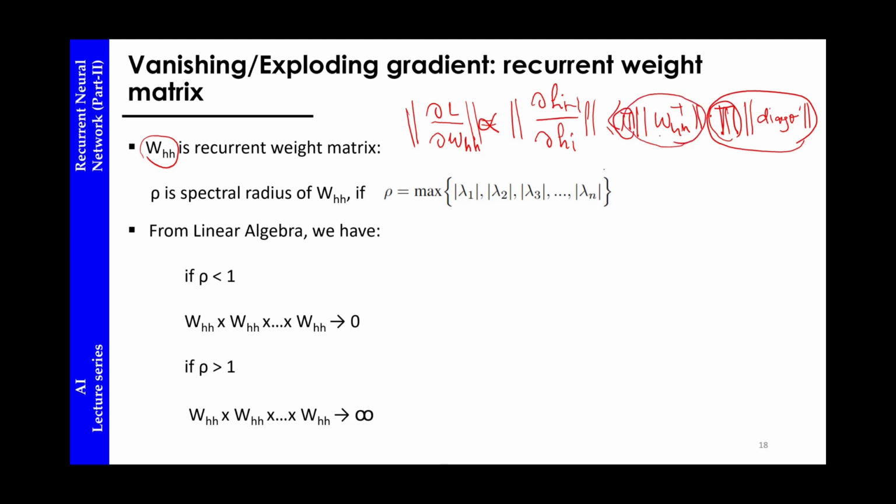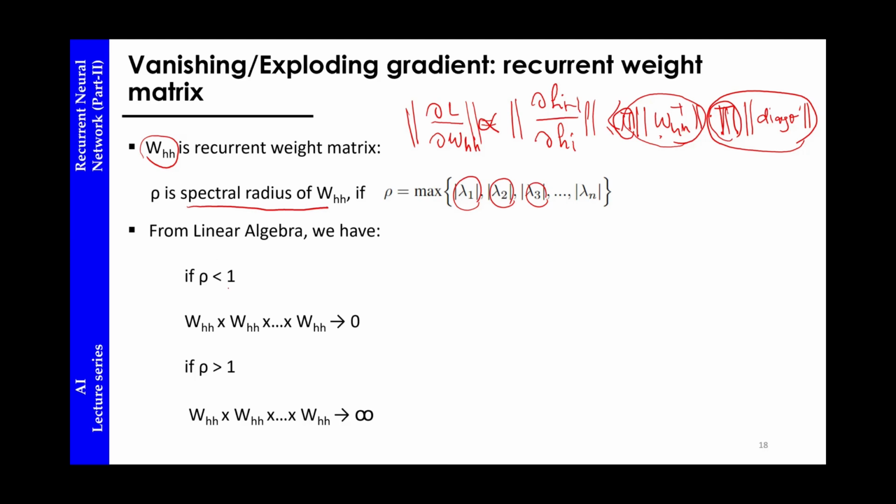And now I want to discuss WHH. Again, from linear algebra, you remember, if you show the eigenvalues of WHH with lambda 1, lambda 2, lambda 3, the maximum absolute eigenvalue will be the spectral radius of WHH.